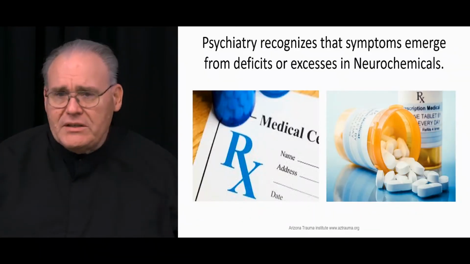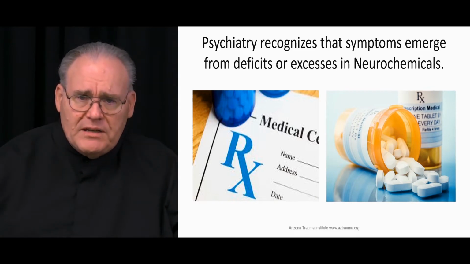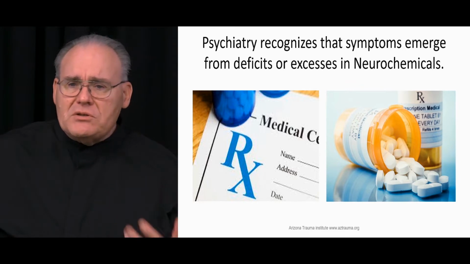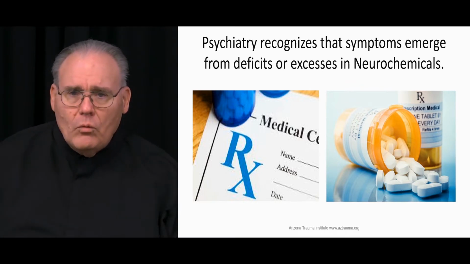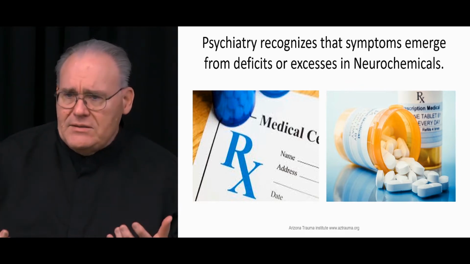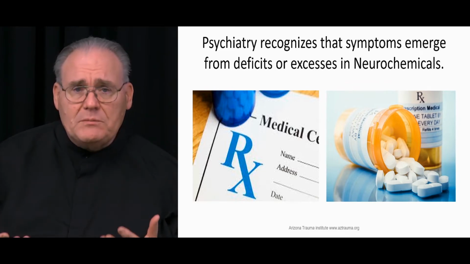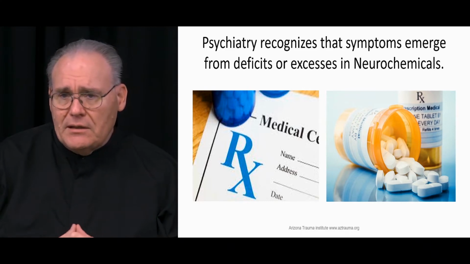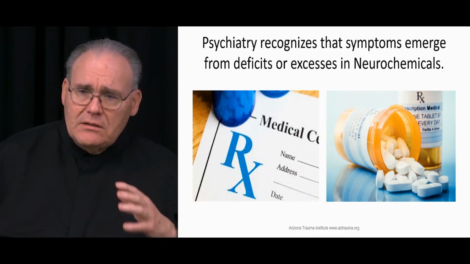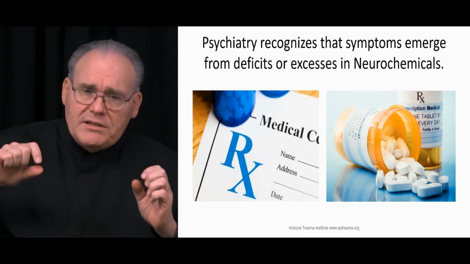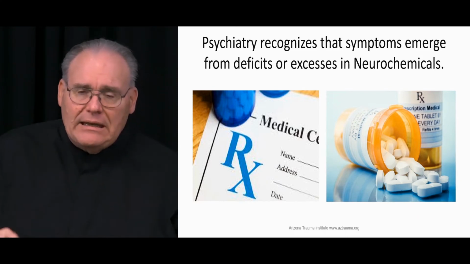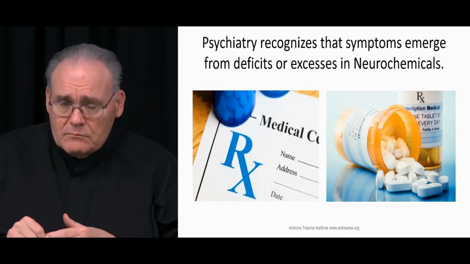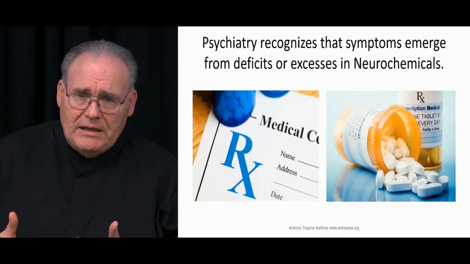So psychiatry has recognized that symptoms emerge from deficits or excesses in neurochemicals. In fact, the whole pharmacy industry is based on that idea. What we're simply saying is, yes, that is correct. Symptoms do emerge out of deficits or excesses in neurochemicals. And we can take a medication to kind of level that out. But what we're going to suggest instead is that you learn how to be aware and manage your own system so you don't become dependent on medication.